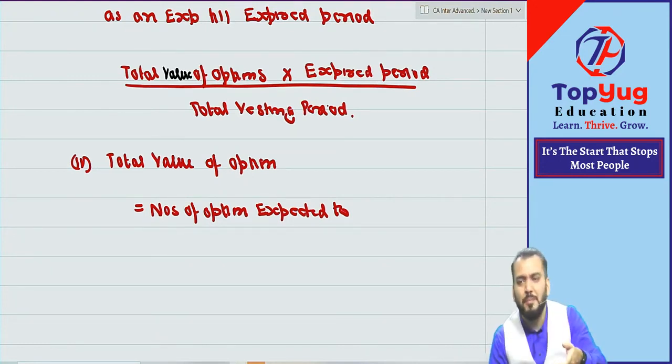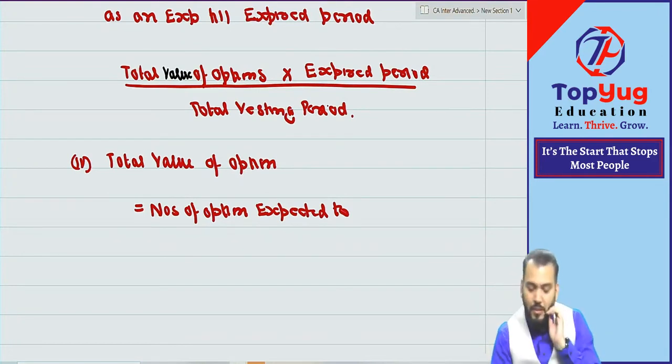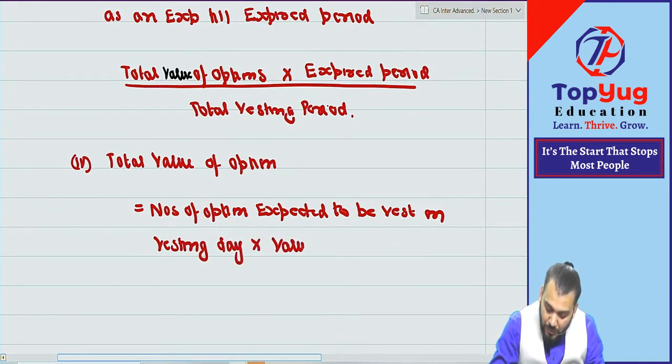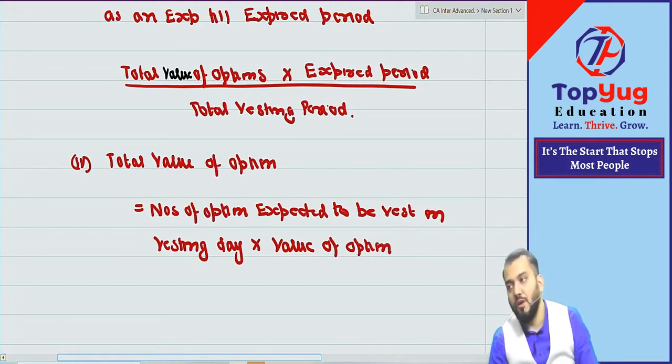The first year we have done some estimation, the second year we have done some estimation, the third year it was actual only. Correct. The number of options expected to vest on vesting day, multiplied by the value of options.